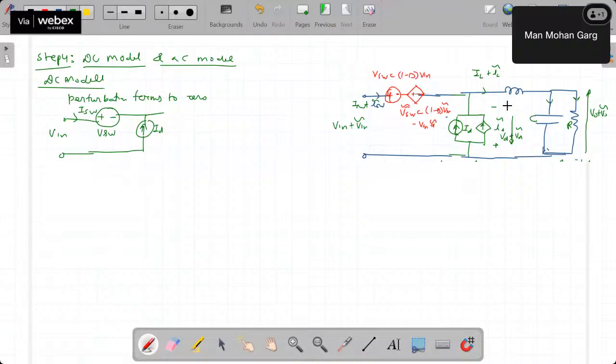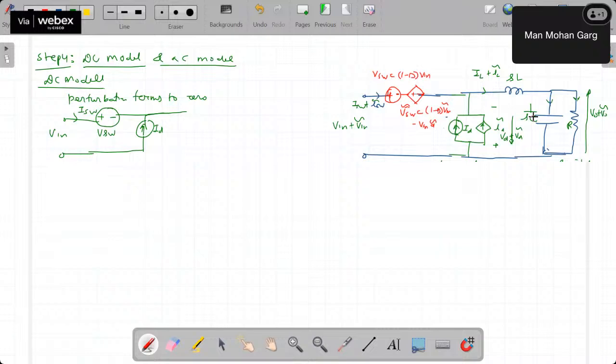Now what will be for the inductor? If I take the DC model, how does the inductor behave? You know that the inductor is sL. At frequency 0, the inductor is shorted, so no inductor will be shown. And the capacitance is represented as 1 upon sC.